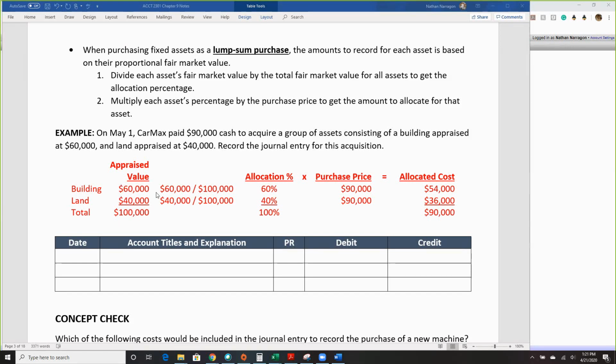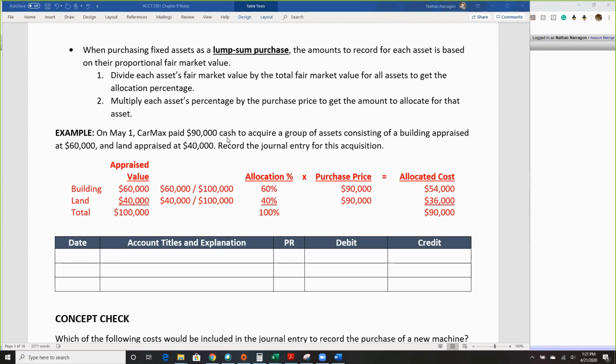Then we take each one, the appraised value, divided by the total appraisement. This gives us our allocation percentage. So 60-40. Again, double check to make sure you're adding up to 100%.